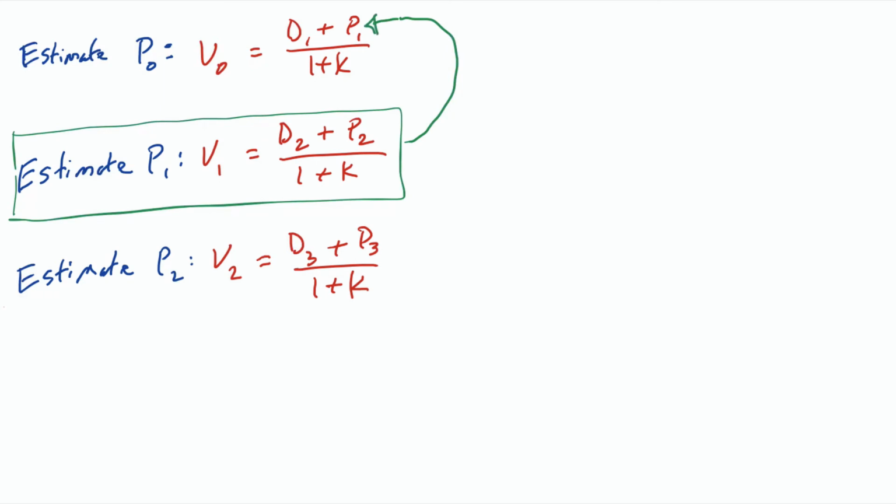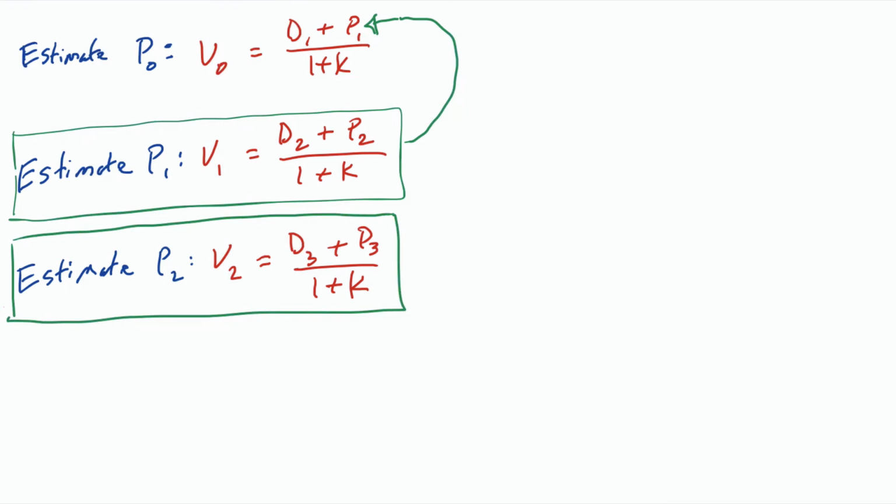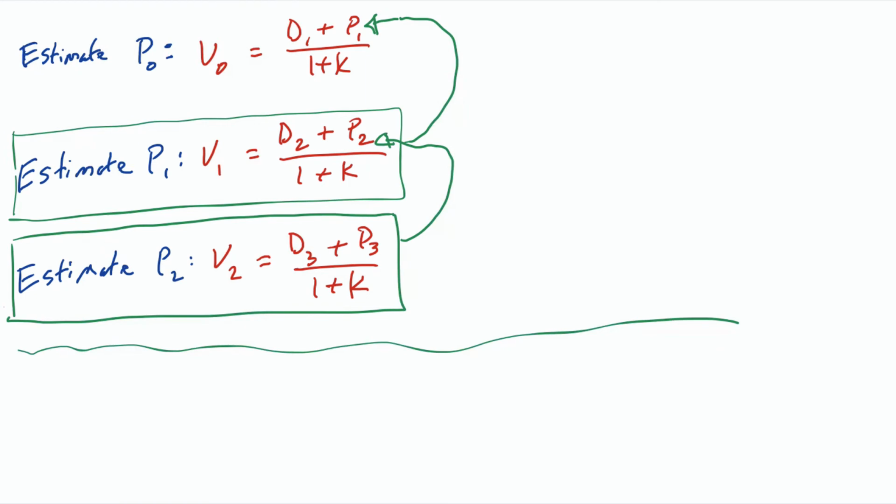substitute it in to this equation, and then in a next step, let's take this estimate of P2 and substitute it into this equation for P2. And if we do that, we can rewrite our estimate of P0 as an estimate of intrinsic value at time 0 to be the following.